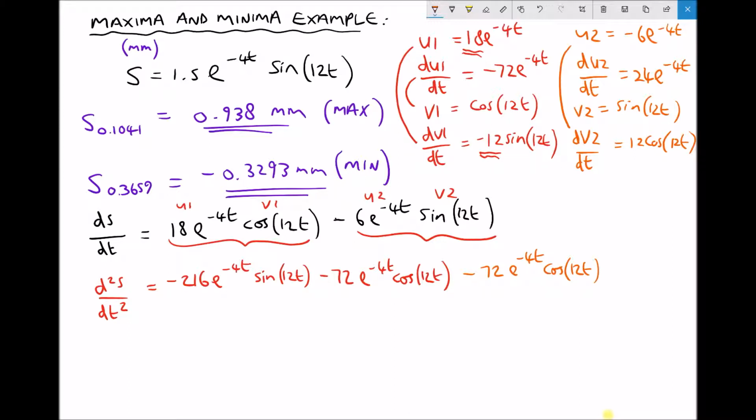And finally we have v du dt, again using v2 and u2, which is 24 e to the minus 4t sine 12t.